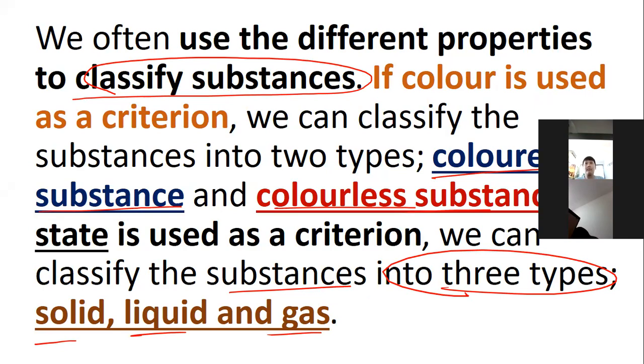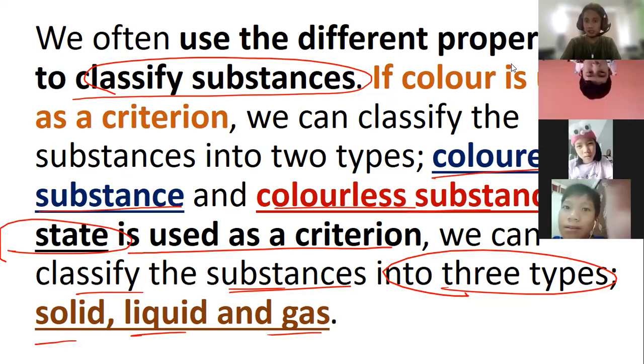But if state is used as a criterion, we can classify the substances into three types. For example, I will give you an object and tell me if that is solid, liquid, or gas.